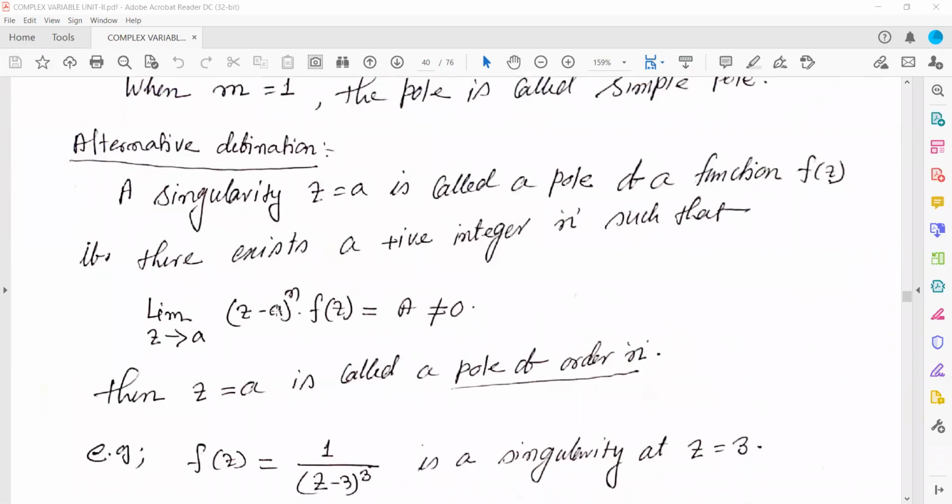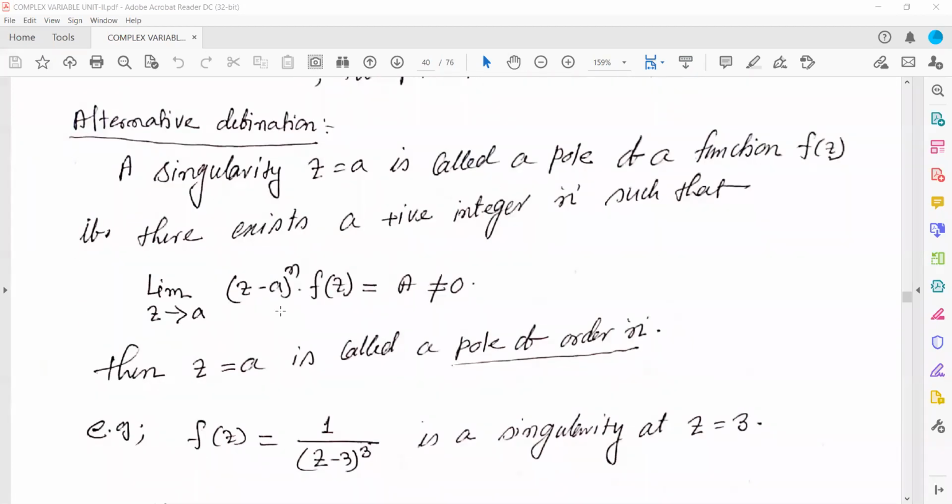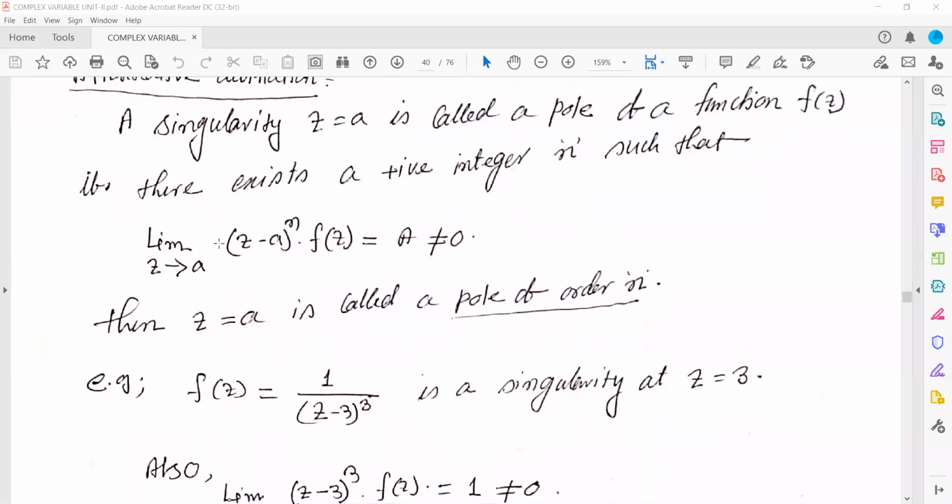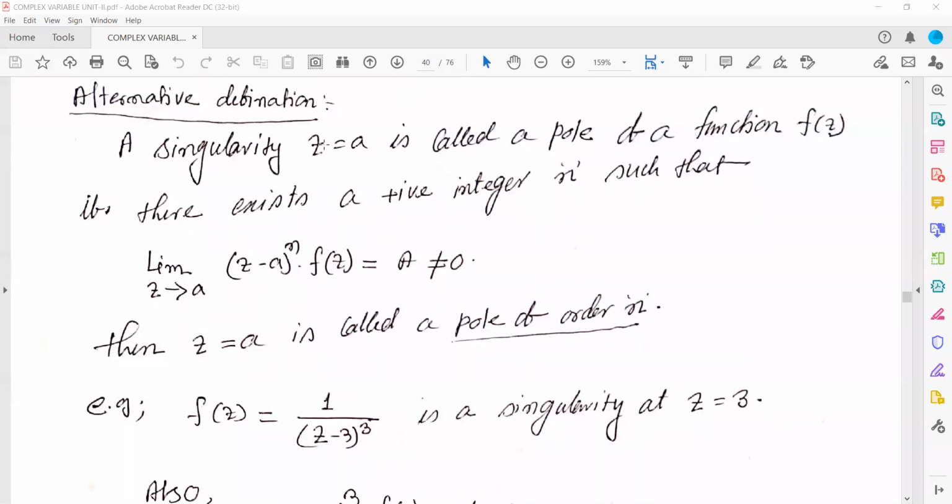Okay. So in another way, how will you find the singularity? A singularity z equal to a is called a pole of a function f(z) if there exists a positive integer n such that, at the point z equal to a, the limit as z tends to a of (z minus a) to the power n times f(z) is equal to some finite value, which should not be equal to 0.